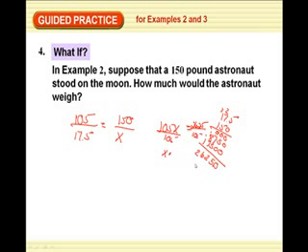And it comes out to be, hopefully, 25 pounds. Let's see. Well, I don't know if that's what that comes out to be, so I think it's close.